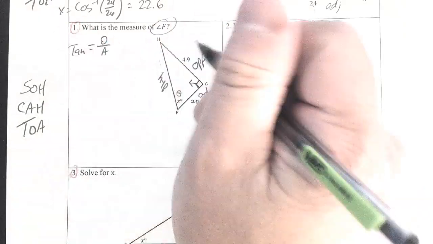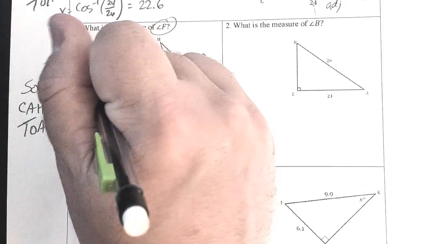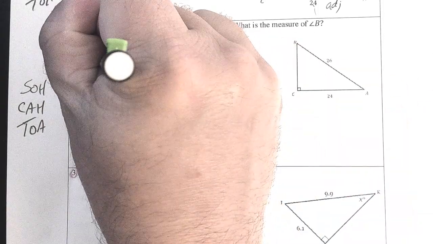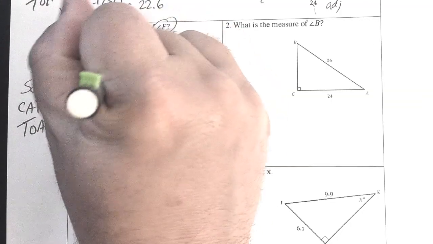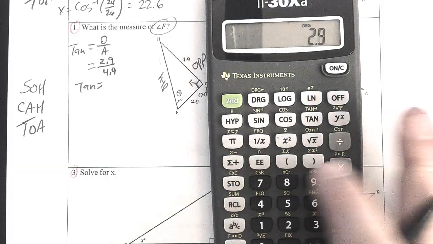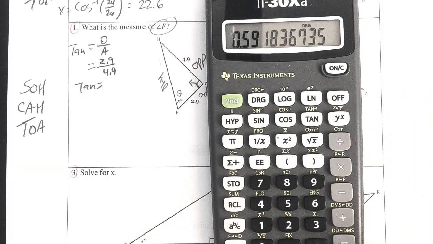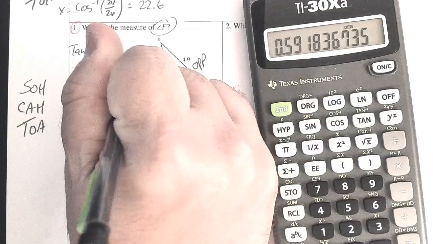We have, so you know what, let's just do this here. So 2.9 divided by 4.9. So our tangent, and again, this is 2.9 divided by 4.9. All right, so 0.591. I'm going to write that here just for reference.